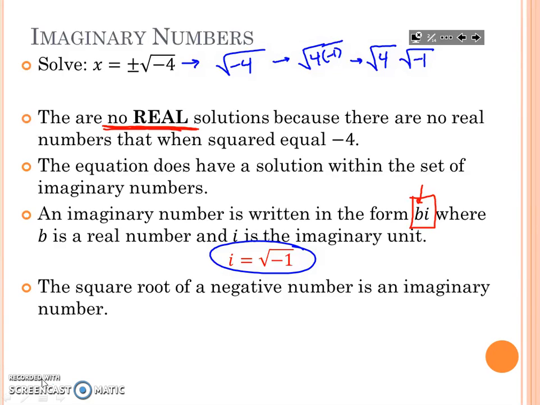Do we know what the square root of 4 is? Yes, hopefully the square root of 4 is 2. And then what's the square root of negative 1? We haven't talked about that. Oh wait, we have: the square root of negative 1 equals i. So basically, if I have a square root of negative 4, that equals 2i. So you just look at the square root of the number, and then you tack an i on at the end of it.